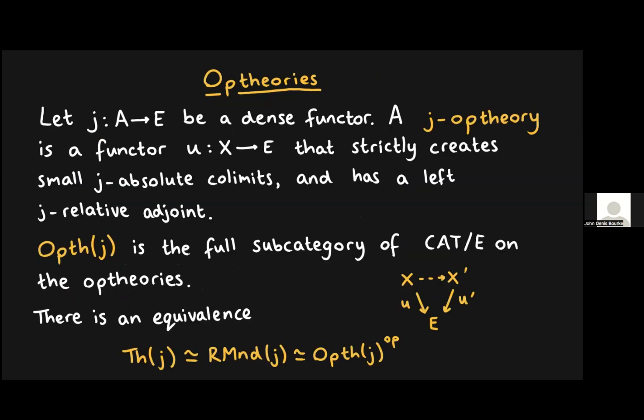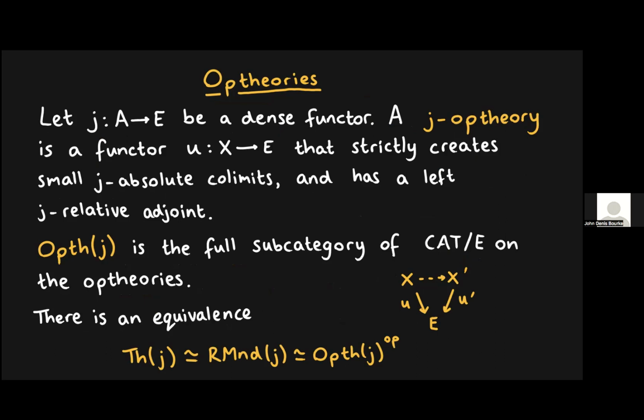So on this slide, I noted that the J theories and the J op theories are dually equivalent to each other. But to prove this, we go by the equivalence to relative monads. And one thing we can ask, and maybe it seems slightly unmotivated, but we'll see that it's a very fruitful question to ask, is what can we say about passing from a J theory to its associated J op theory, and vice versa?